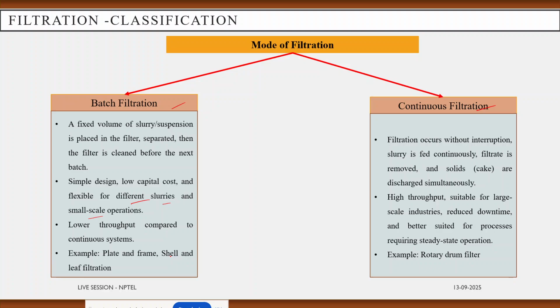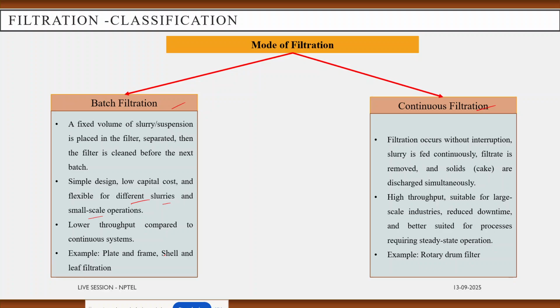As kinds of batch filtration we can see the plate and frame filtration process, which is batch mode, and shell and leaf filtration, which is also batch mode. So these are some examples of batch filtration.